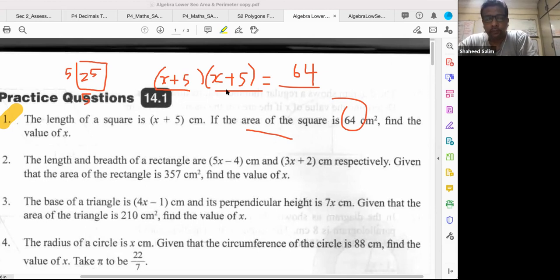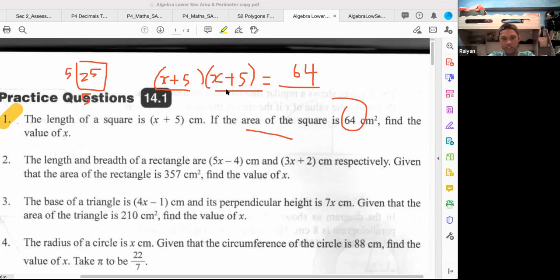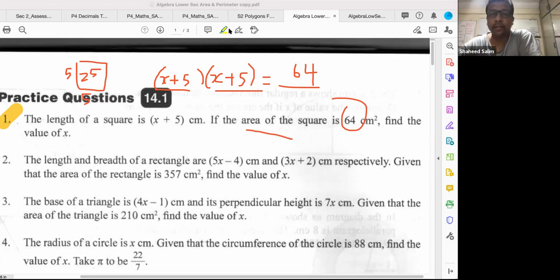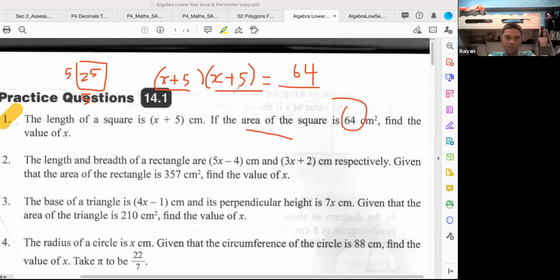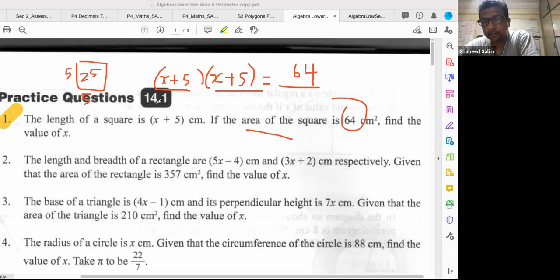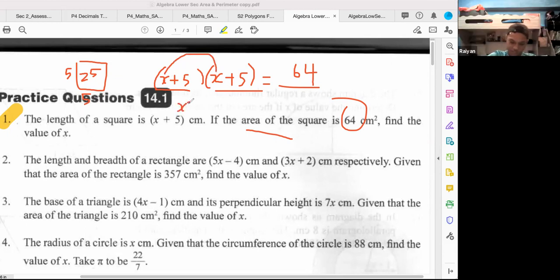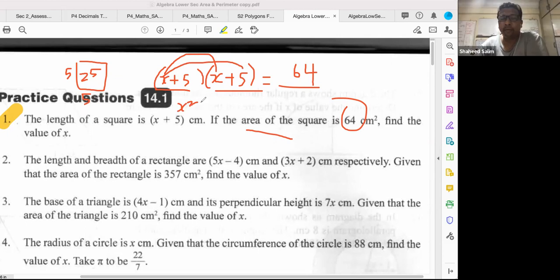Find the value of x. Can I cancel it? Okay, you tell me what you're going to cancel. Cancel the whole x plus 5. How do you cancel? I don't know. Okay, so now you must times what? You must have x times x, get x squared. Then x times 5 plus 5x.